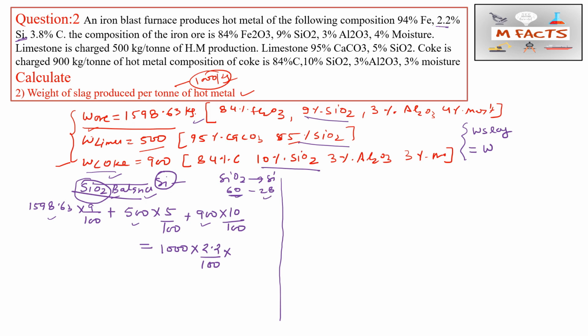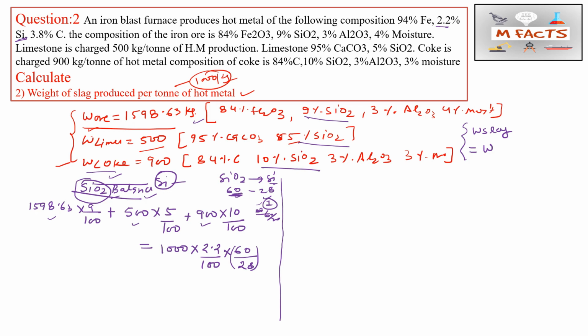So if we have 28 Si, it means we need 60 SiO2, and if we need 1 Si, we need 60 by 28 SiO2. We can easily calculate that. So this is how we can balance the weight of silicon.